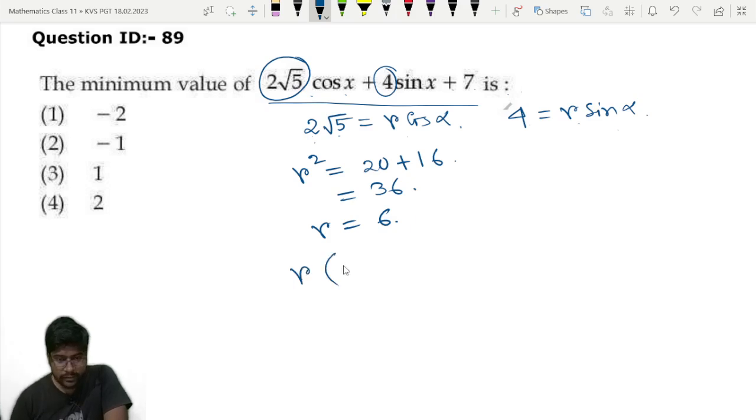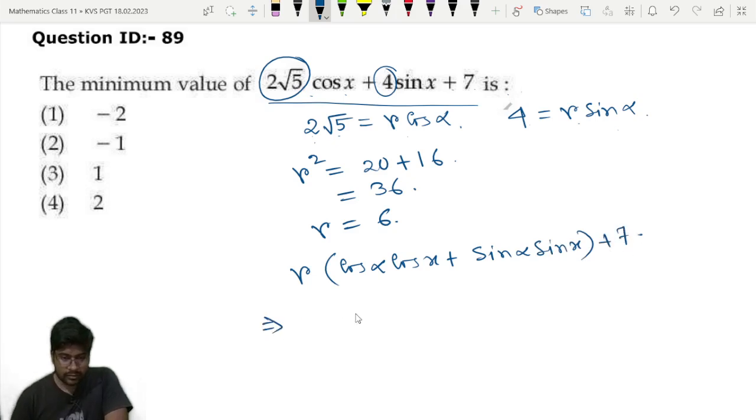R into cos alpha cos x plus sin alpha sin x plus 7. So that is equal to R into cos of x minus alpha plus 7.